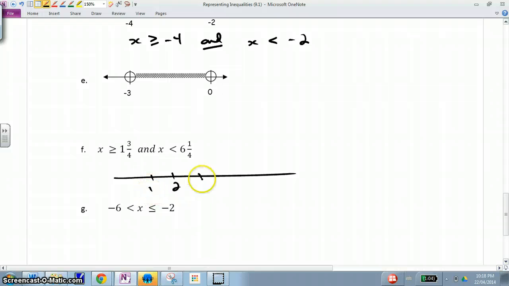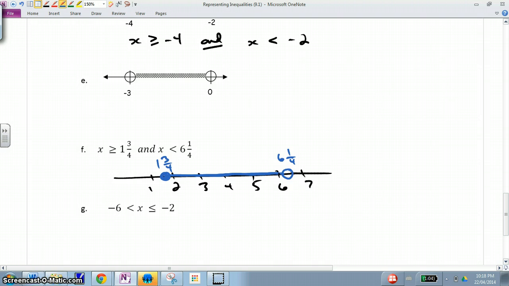We'll throw a 2 on there. 3, 4, 5, 6, 7. X is greater than or equal to 1 3/4, so I'm going to color that in. It could be equal to that. Less than 6 1/4, so I'm going to leave that boundary point open. And then everything in between here is a possible x value. Okay, that's what that guy's going to look like.